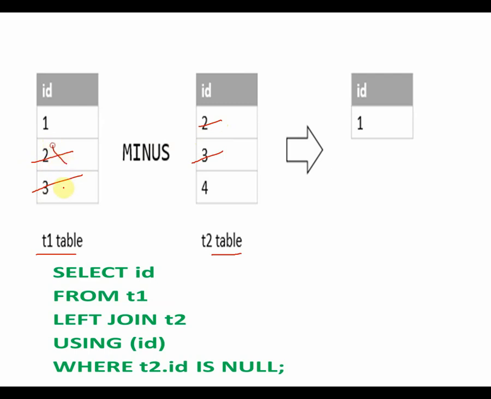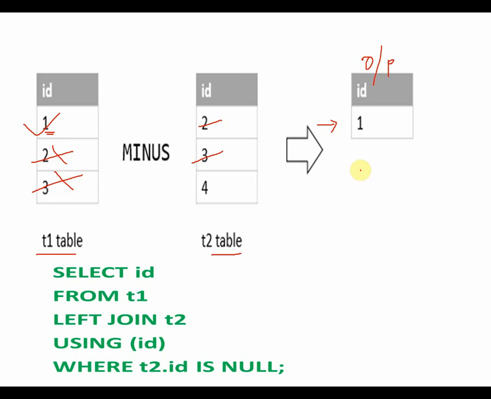So it will be removed, and only the rows which are not common will be retained from the T1 table. In this case, only this one row, ID 1, is maintained in the result. This is the output.